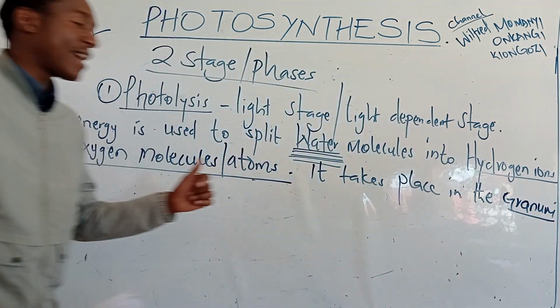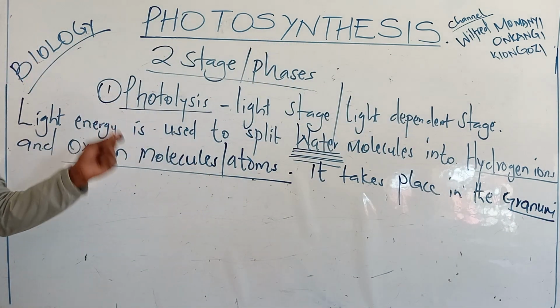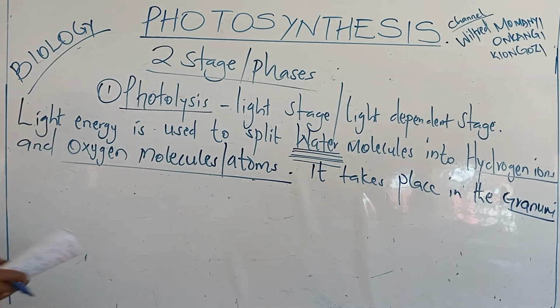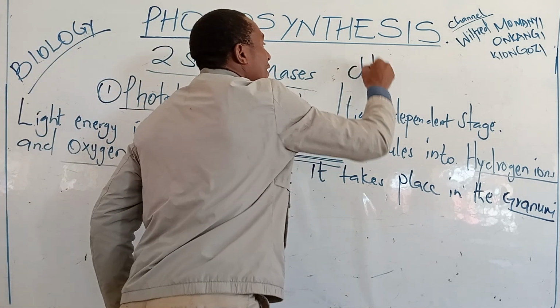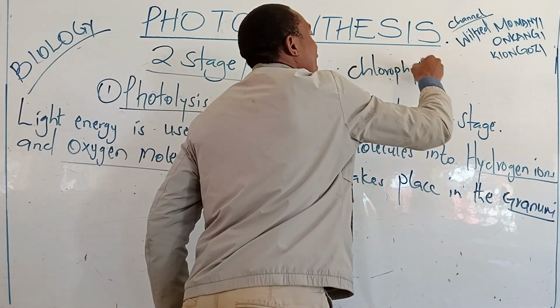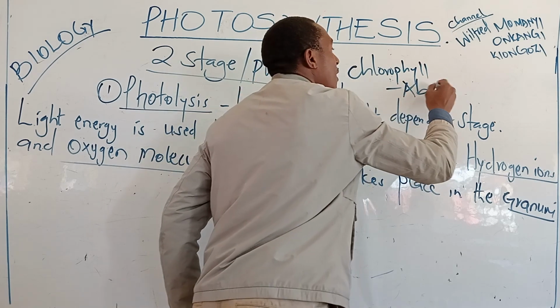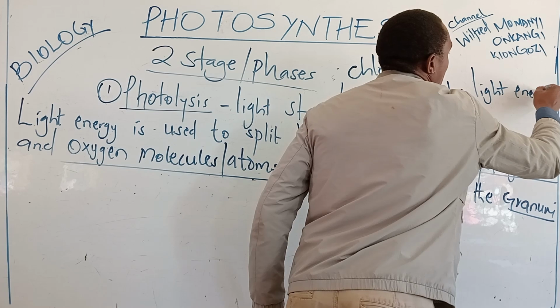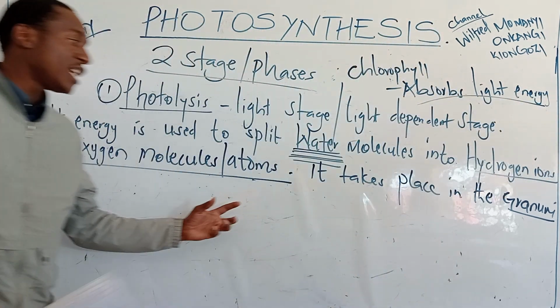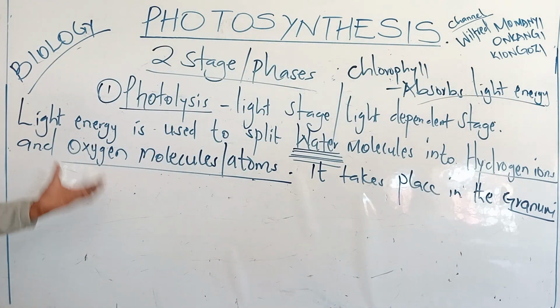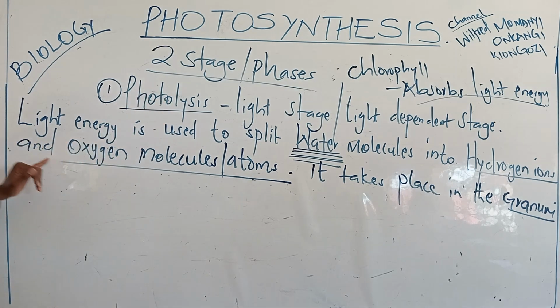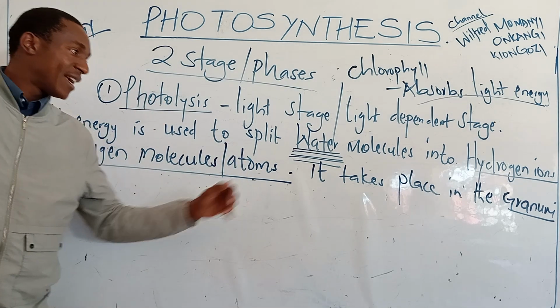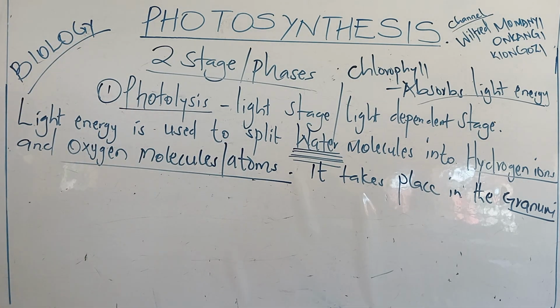In the granum, I think you saw that diagram, that is where light is being absorbed. Remember, chlorophyll absorbs light energy, and this light energy is what is being used to split water molecules into hydrogen ions and oxygen atoms.